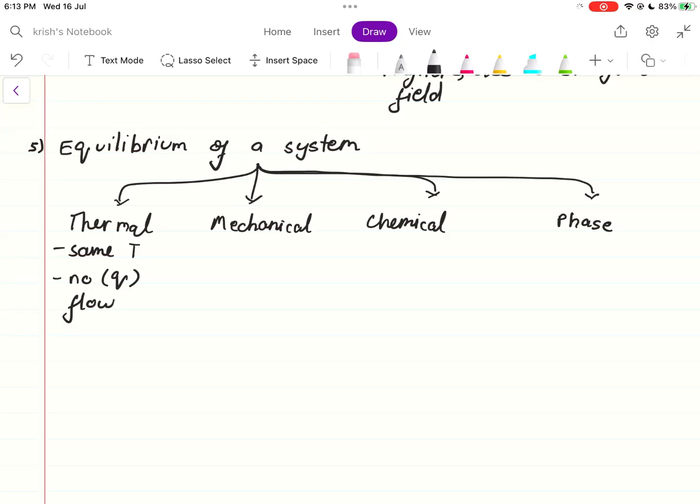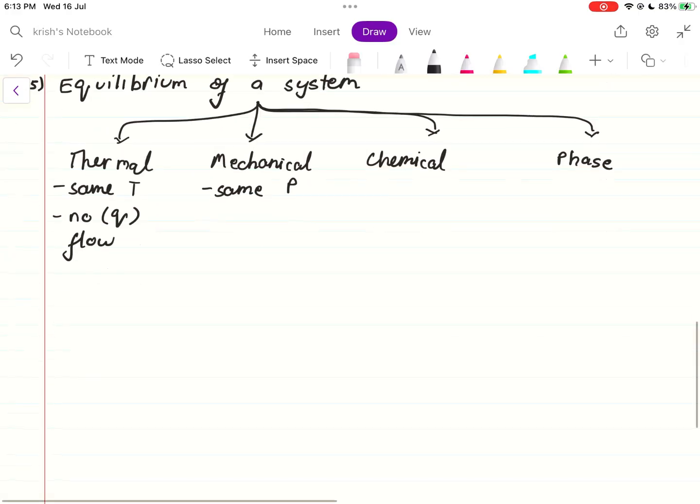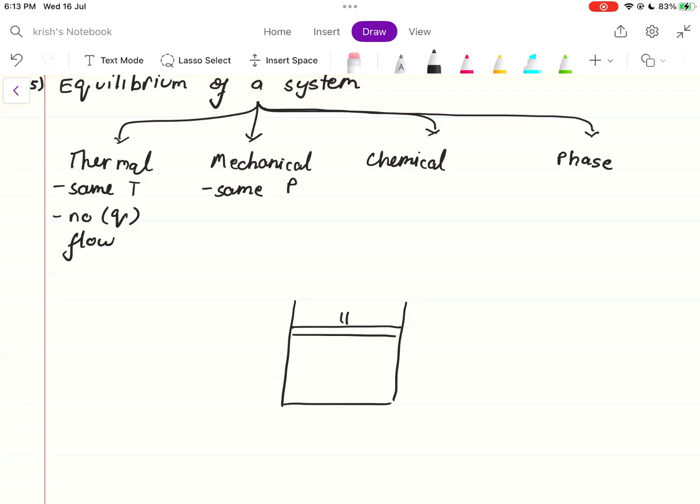Mechanical means same pressure, because remember the piston is not moving, right? We will actually draw a piston diagram over here. Mechanical means this piston is static. So that means this is also PATM and this is also PATM. And no mass flow. Chemical equilibrium means no chemical reaction.